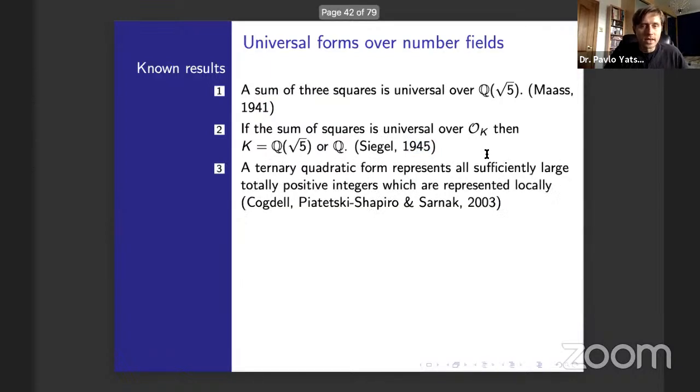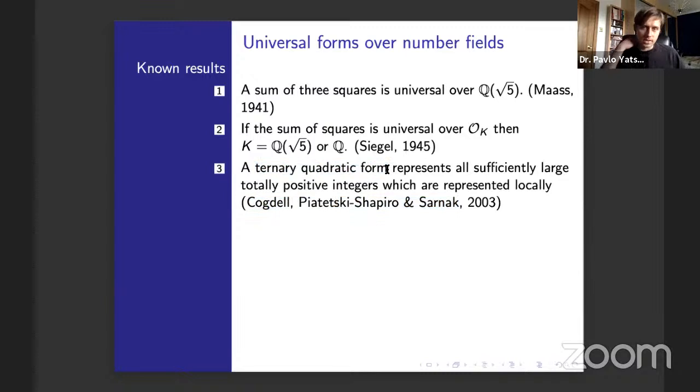We also have that any ternary quadratic form represents sufficiently large totally positive integers which are represented locally. This is a more recent result, and it is more in the shape of the result of Kloosterman and Tartakovsky. Something to mention about this result: the proof was never officially published, and I'm not sure if it will be, but at least a result of this shape for sums of squares is known.